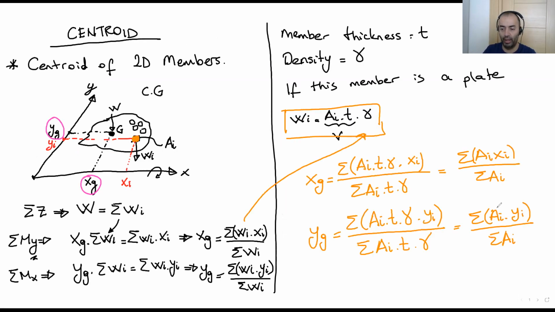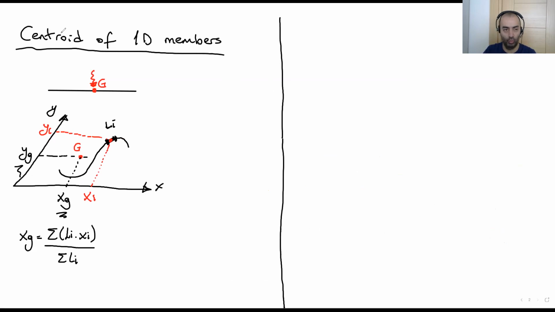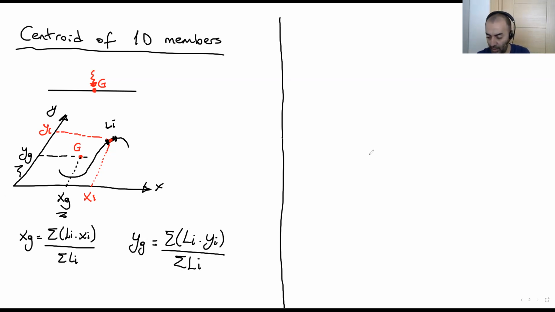Here we are using area as a weight, area times distance over total area. And in the next page, for the one-dimensional members, lines or wires, we are using L, the length of the member. The equation is the same, the logic is the same. And Yg is total Li times Yi over total Li. We will use this method.